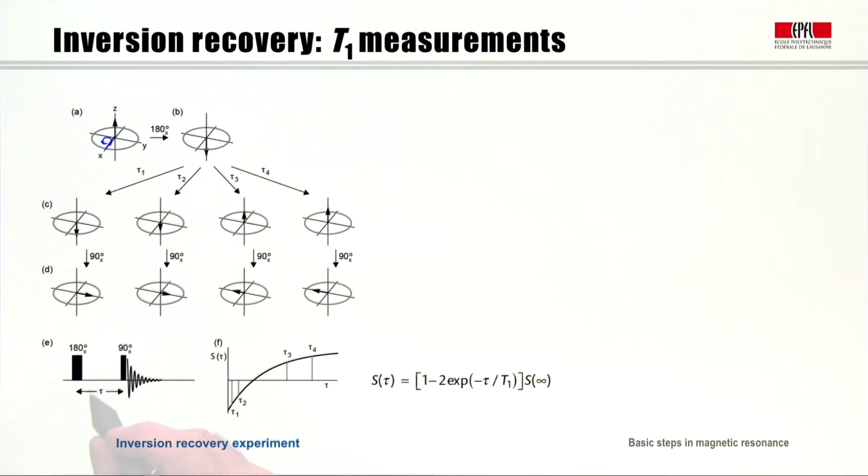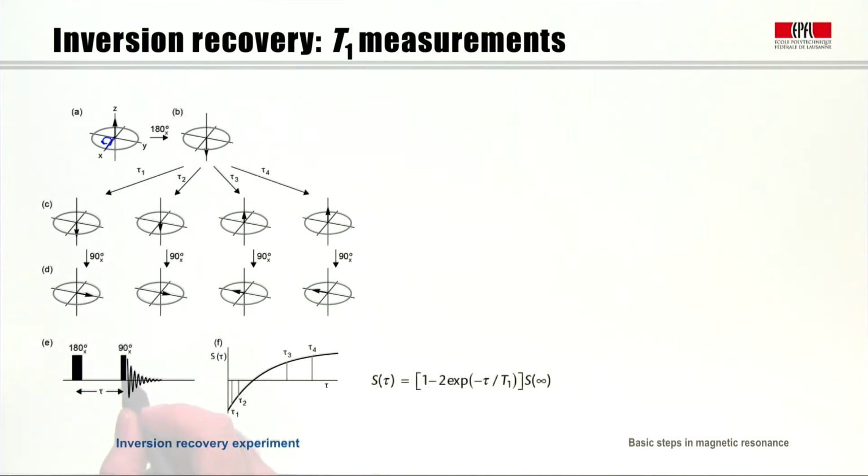Note that after the 180 there is no transverse component, so there is no precessing magnetization. Now, depending on the duration of tau, tau 1, tau 2, tau 3, the longitudinal magnetization may be still upside down and somewhat shorter. It may then almost converge to zero. It may already have become positive, or it may have completely recovered to its equilibrium position.